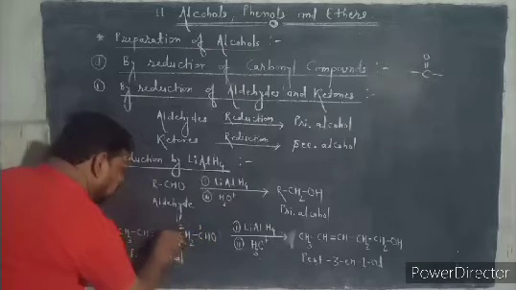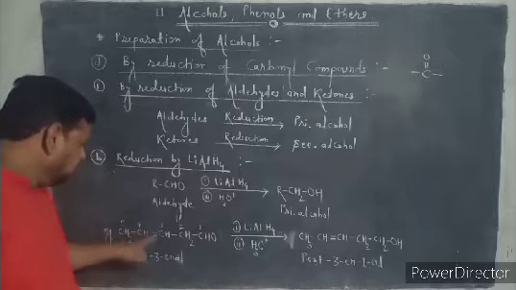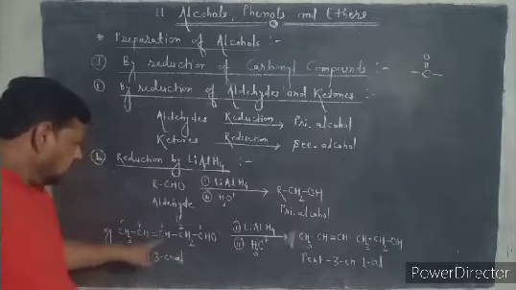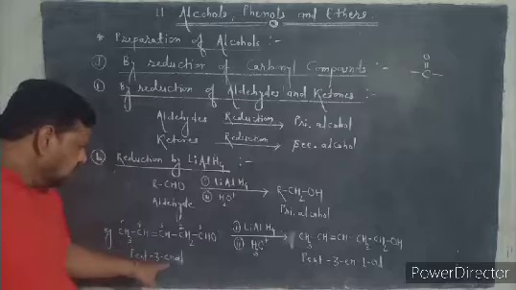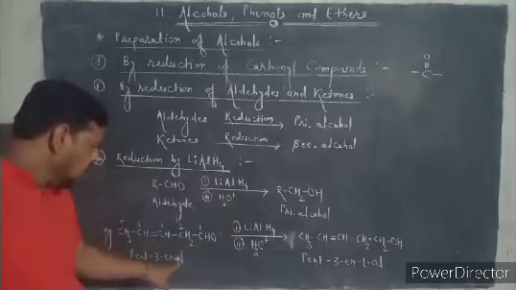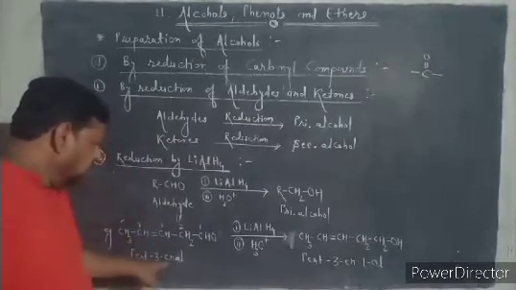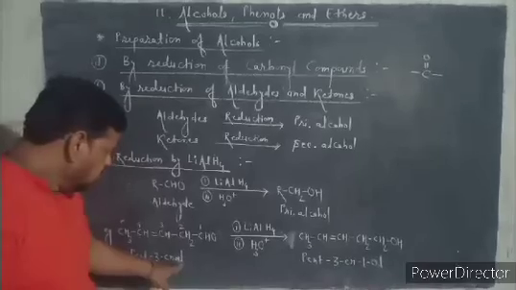See here, 1 2 3 4 5. 5 means pent, there is a double bond at 3, so 3-en, and at first position it is al, there is an aldehyde group, hence pent-3-enal.